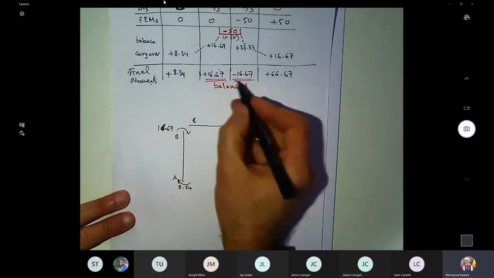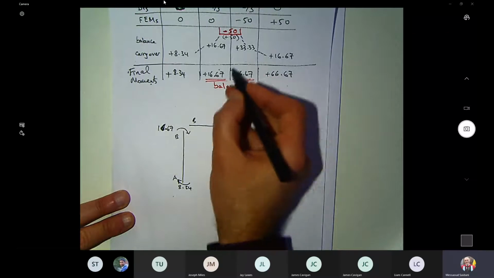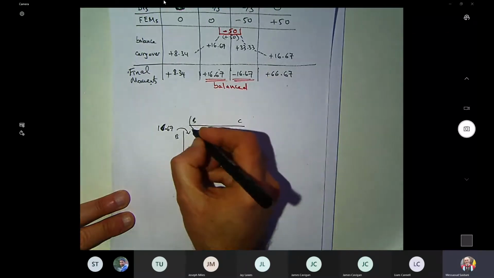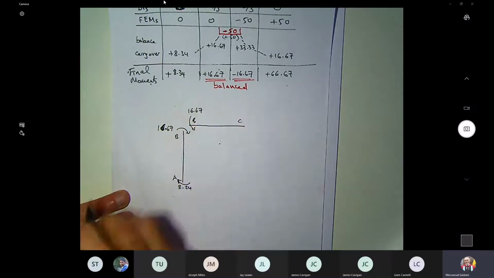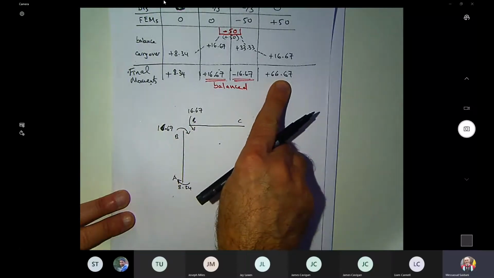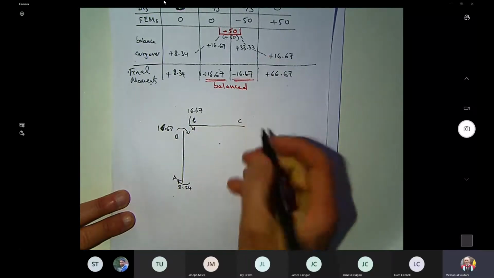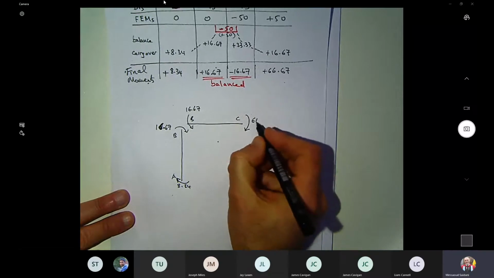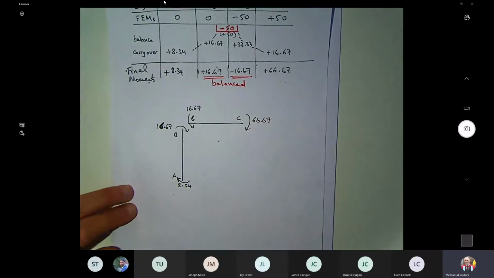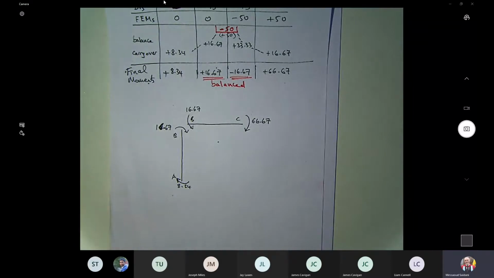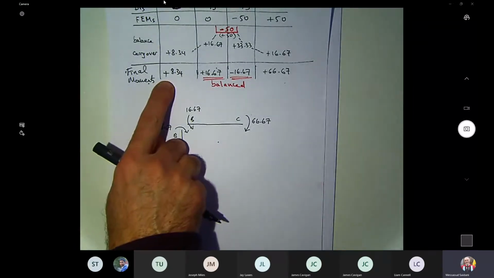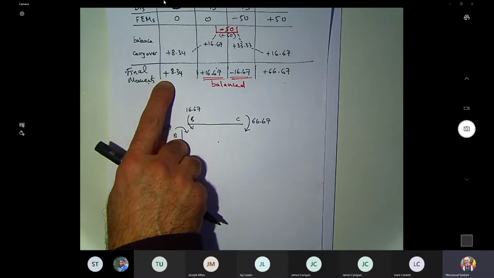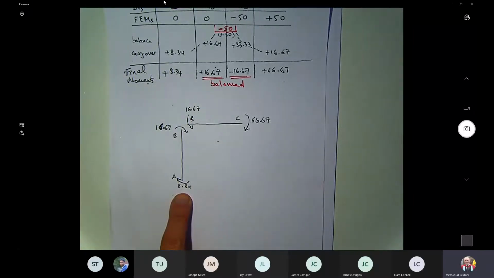Then at B again, we have anti-clockwise 16.67, and finally at C we have plus, clockwise, 66.67. Is it clear? You look at the sign here, and the sign will tell you whether it's clockwise or anti-clockwise, and you just apply it there. Is that clear? Any questions?